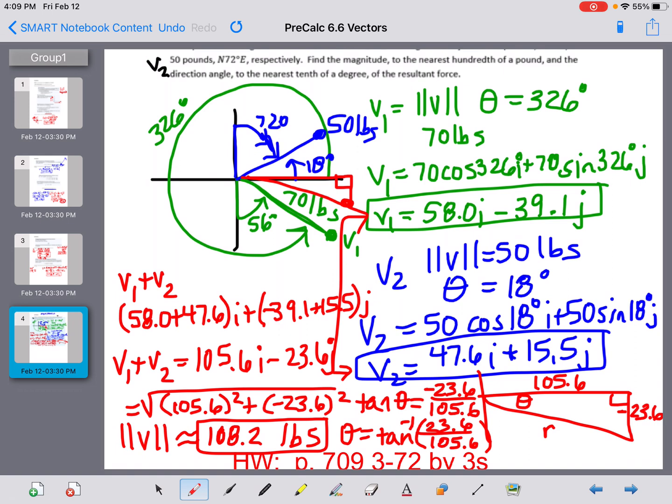My reference angle is 12.6. Okay? Now, this is where we have to think. So 12.6 is this angle in here, okay? Back up to this picture, 12.6. So if I'm going to give a bearing, okay, I'm definitely going south, and then I'm going towards the east. And I need to do 90 minus that 12.6, and it's about 77.